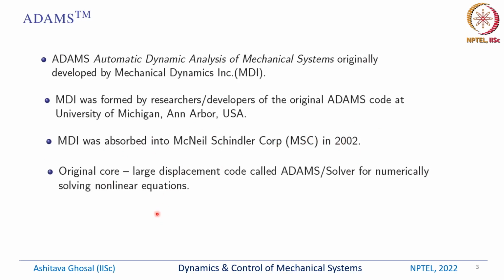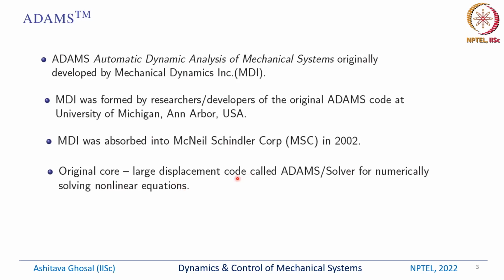The original core of Adams was basically a large displacement code called Adams Solver for numerically solving nonlinear equations. So you could have large displacements, so it is unlike a finite element code. In a finite element code, the displacements are small.